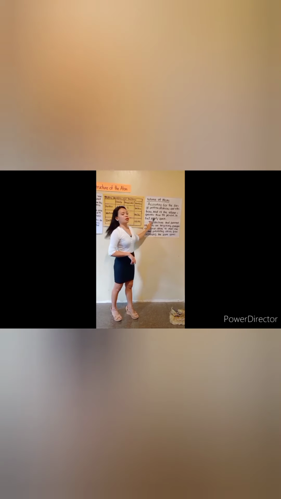Let us now proceed to the volume of atoms. Accounting for the sizes of protons, neutrons, and electrons, most of the volume, greater than 99%, is in fact empty space. And despite all this empty space, solid objects do not just pass through one another.